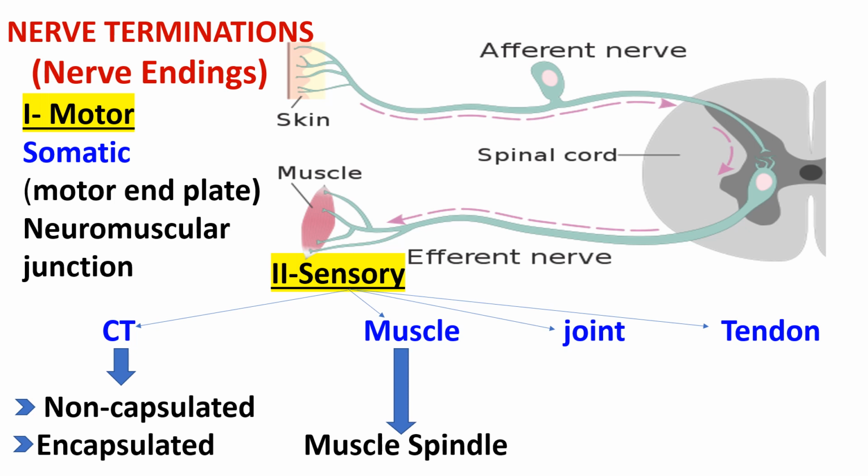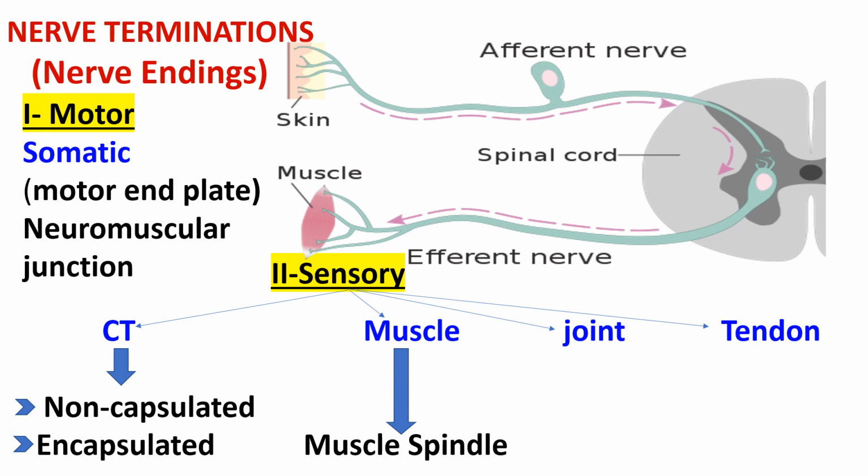Belong means these endings belong to a nerve. If it belongs to a sensory nerve, it is sensory ending. If it belongs to motor nerve, it is motor endings. So we are going to discuss motor endings and sensory endings.